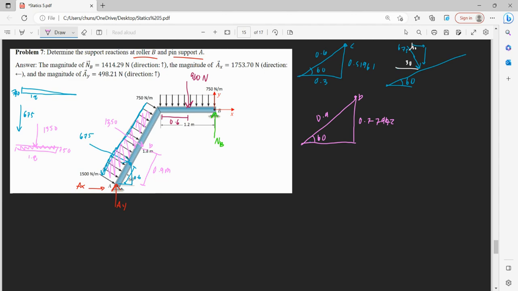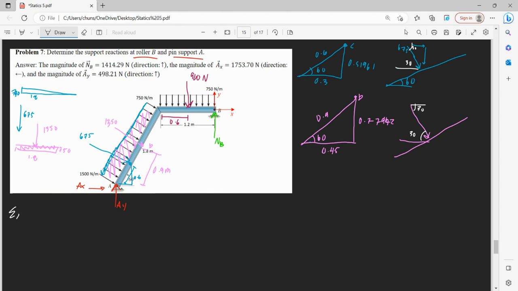And 0.9 times cos 60 is 0.45, distance here. Okay, and this also acts at the same kind of geometry where we make 30 degrees like that. Okay, so now we have everything that we need.